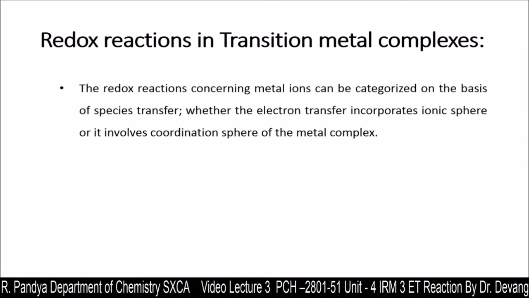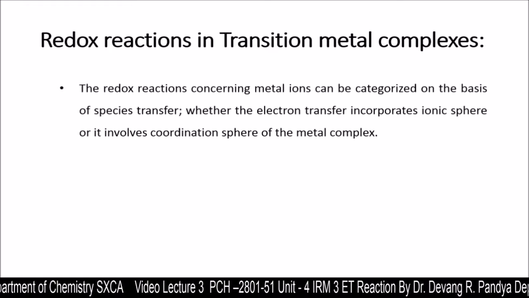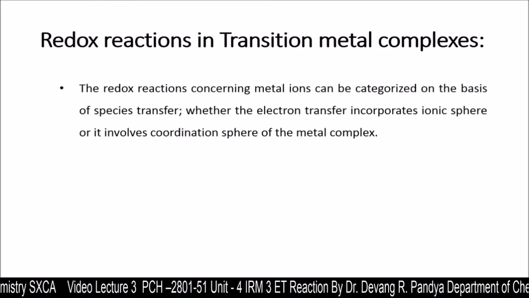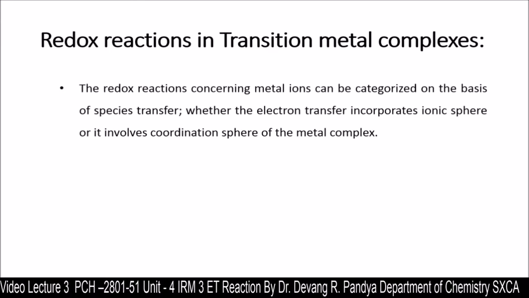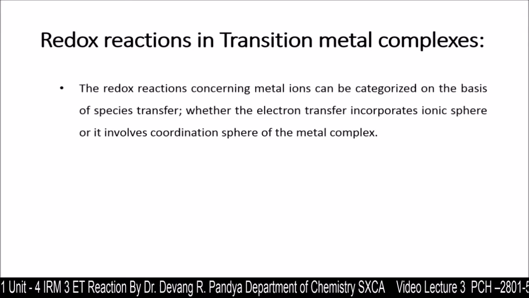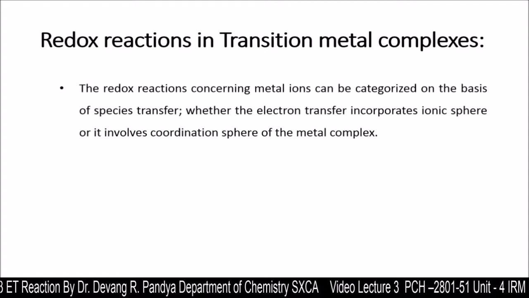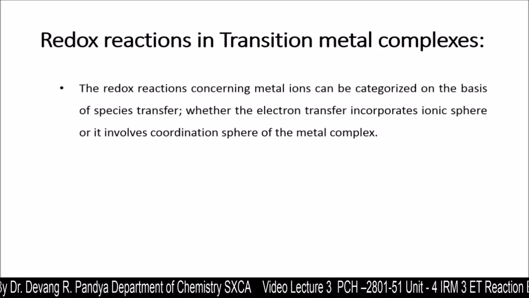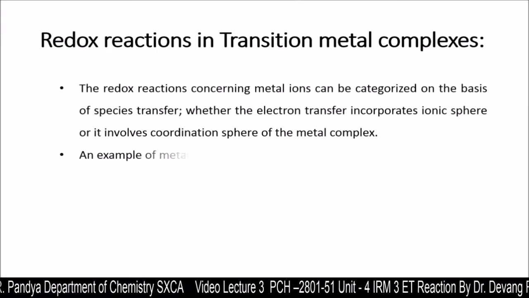The redox reaction concerning metal ions can be categorized on the basis of species transfer, where the electron transfer incorporates ionic sphere or it involves coordination sphere on the metal complex.